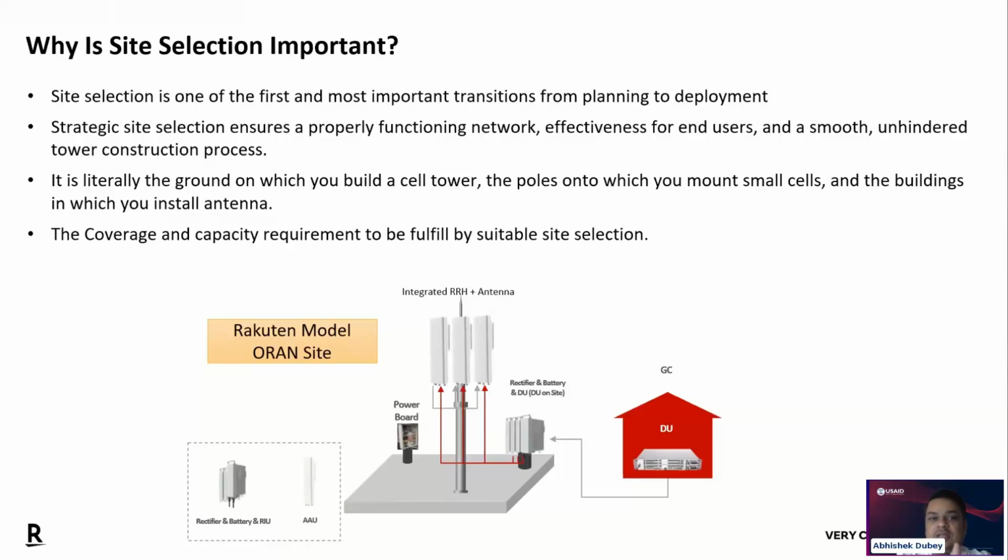Also, cell site selection is important because through the best cell site selection you ensure that whatever coverage or capacity requirement is asked by the operator or the client is going to be fulfilled. Let's say there is a small location where the customer asks you to plan a site.